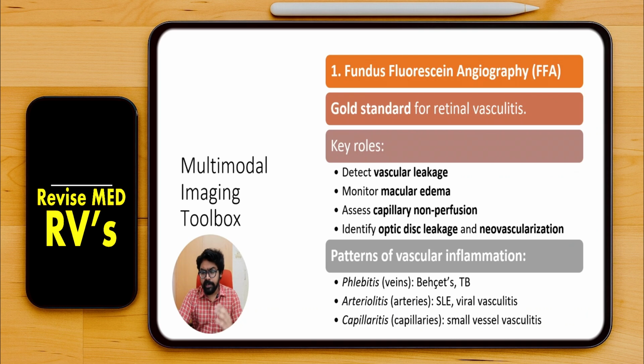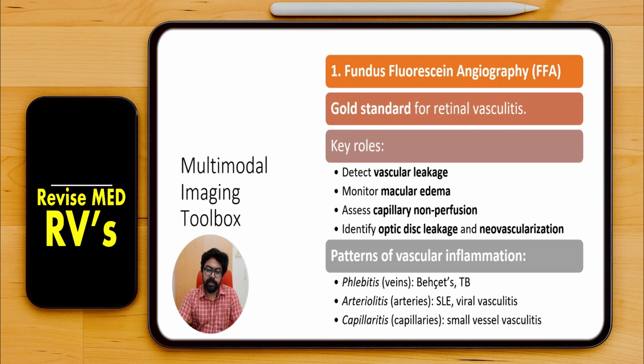We have already discussed the etiology based on vessels. So this FFA will give an idea regarding which predominant vessels are involved, whether it's veins, arterioles, or capillaries, or both. If it's a predominant phlebitis, that is venules and veins are more predominantly involved, then the predominant differentials will be Behçet disease and tuberculosis.